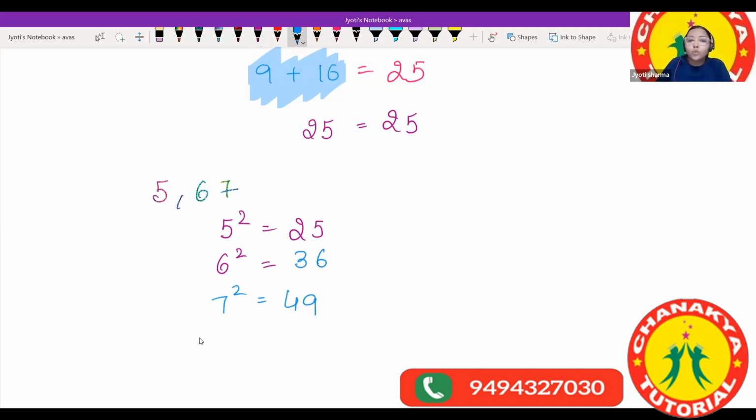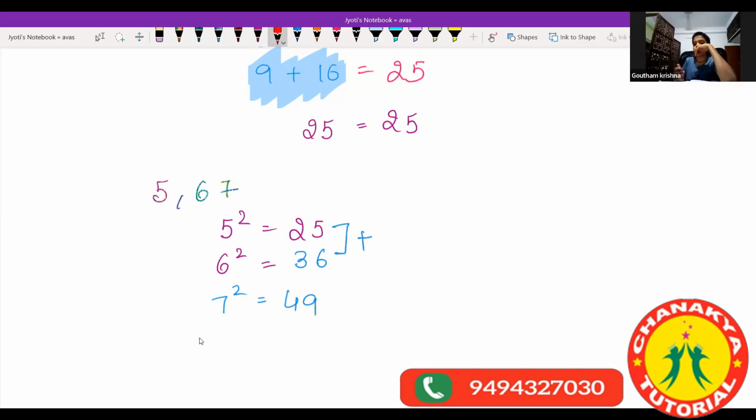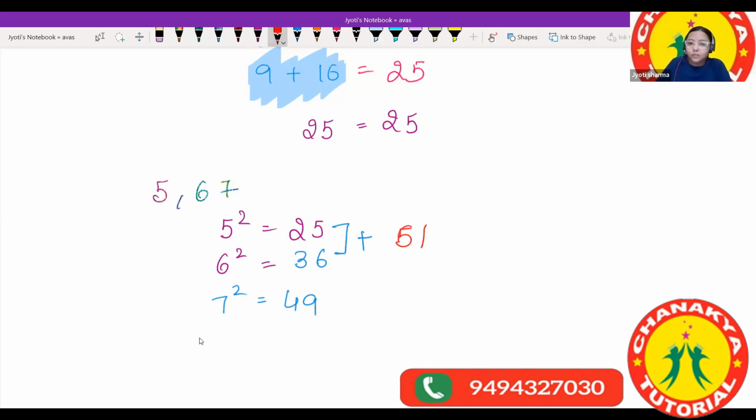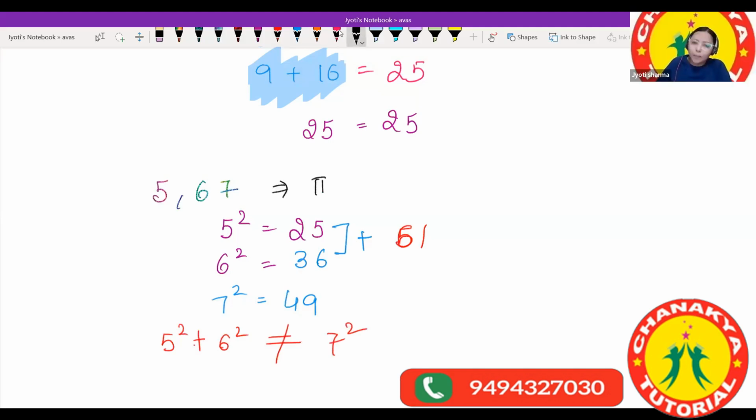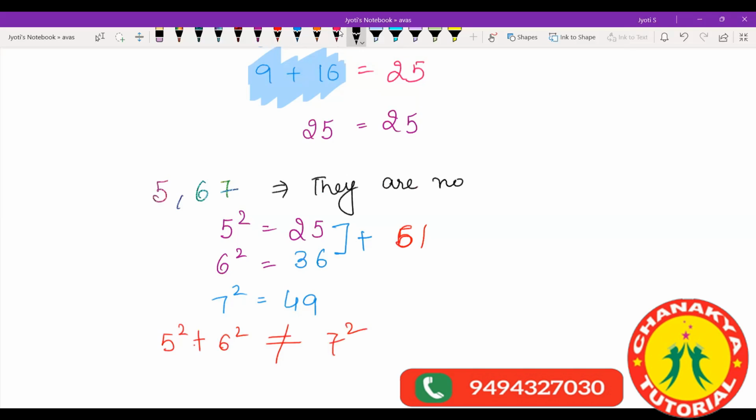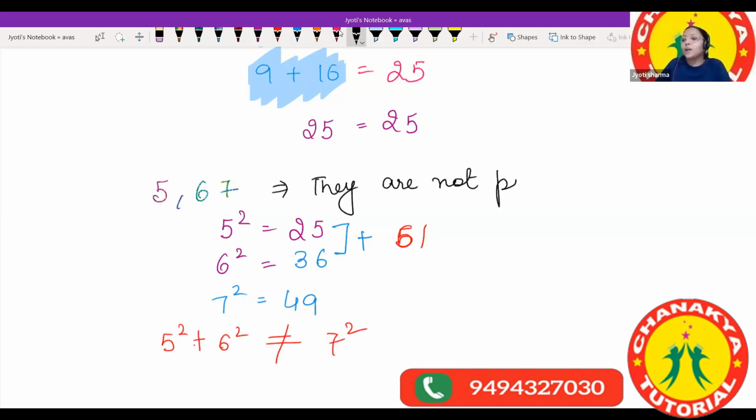So, what is 25 plus 36? 61. Is it equal to 49? No, ma'am. So, here we can say 5 square plus 6 square is not equal to 7 square. So, are they a Pythagorean triplet? No, ma'am. They are not a Pythagorean triplet.